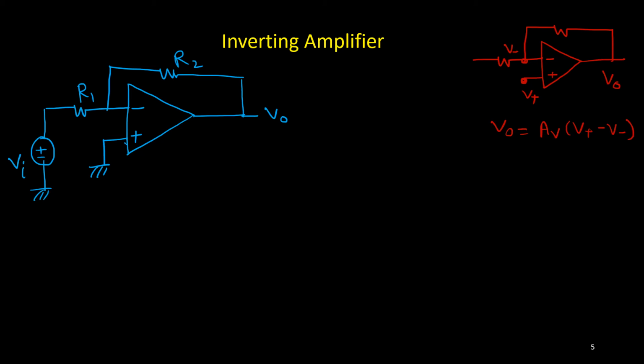So if the output is finite because of this negative feedback, then the difference between V plus and V minus will be V naught upon AV. The numerator is finite, the denominator is infinite, so this is going to be 0. That implies that V plus is the same as V minus. So the non-inverting terminal and inverting terminal both will have the same potential, as we discussed last class.